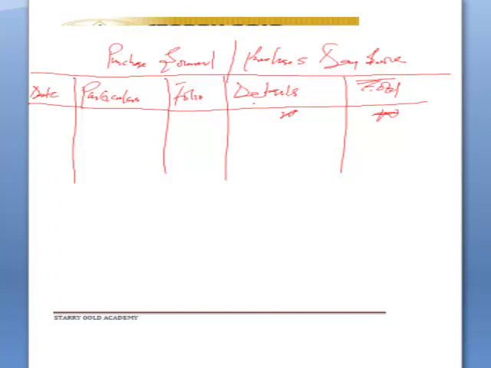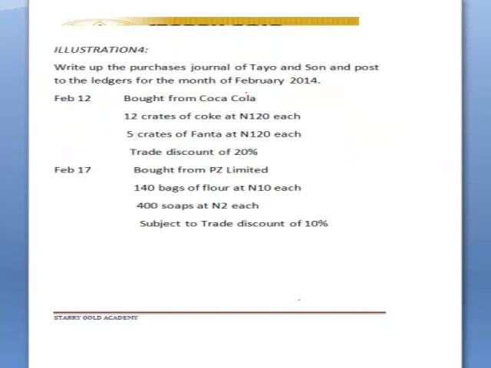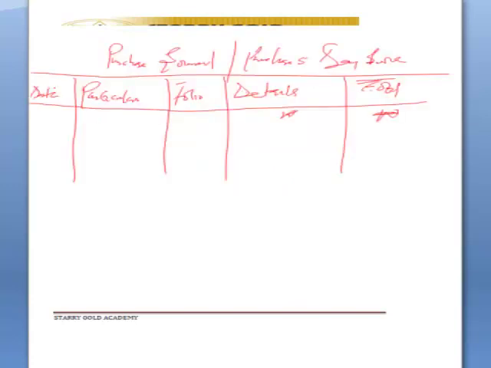So we'll go back to the question. We have bought from Coca-Cola 12 crates of Coke at 240 each. So the date is February 12, 2014. The supplier is Coca-Cola.